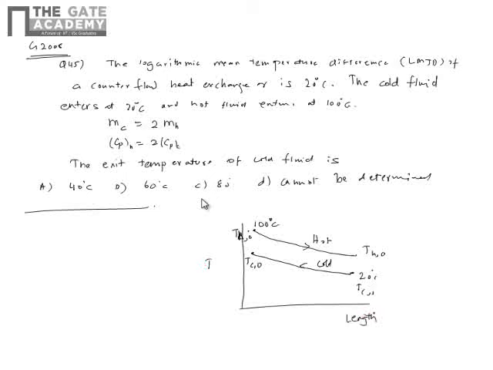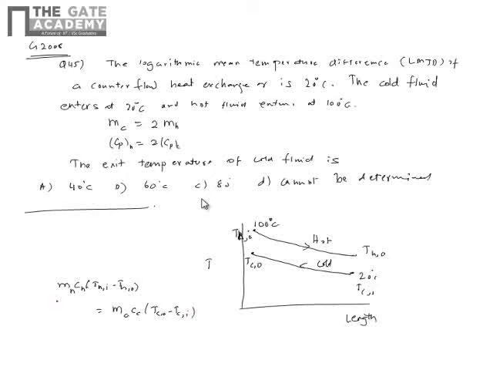Now when I do just the energy balance, what I get is m c for the hot, times THI minus THO. The heat lost by the hot fluid is the heat gained by the cold fluid, m c for the cold, times TCO minus TCI.